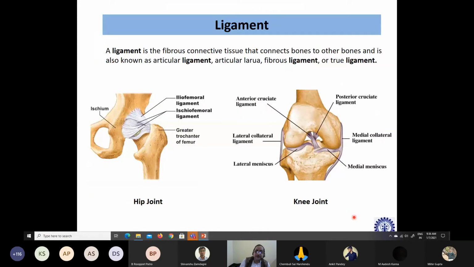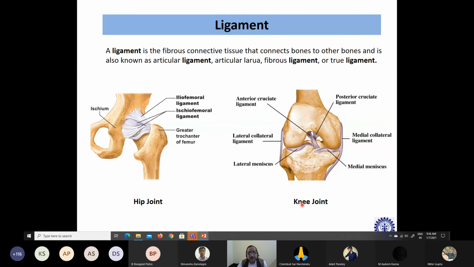The ligaments, which are another very important member of the musculoskeletal system, are also a fibrous connective tissue, categorized under soft tissue. So a ligament is a fibrous connective tissue that connects bone to bone, and is also known as articular ligament, fibrous ligament, or true ligament.